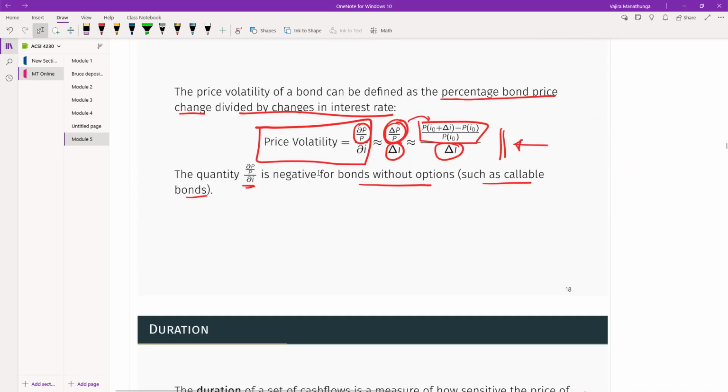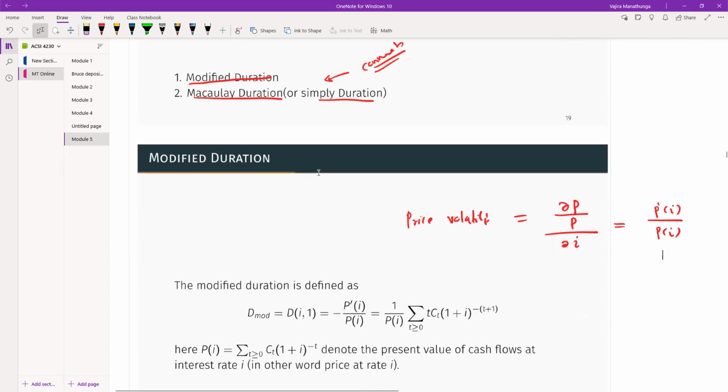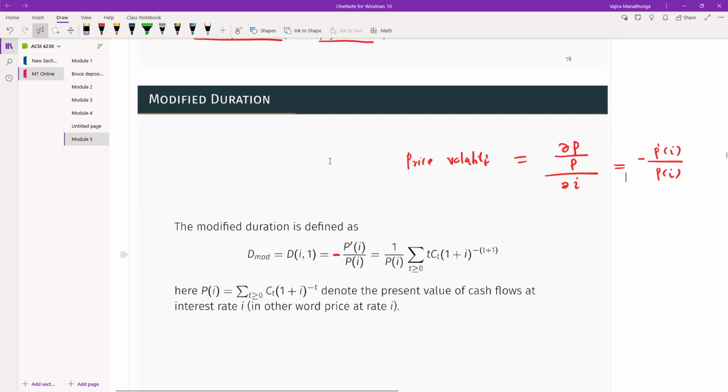That's the price volatility. Now the problem is that this usually becomes negative, so you will see a negative sign in front of it to make it positive. So this one is called the duration, the modified duration. You can use this notation for modified duration.